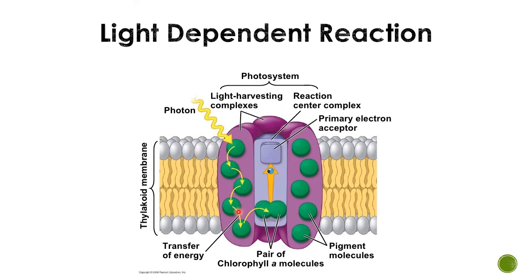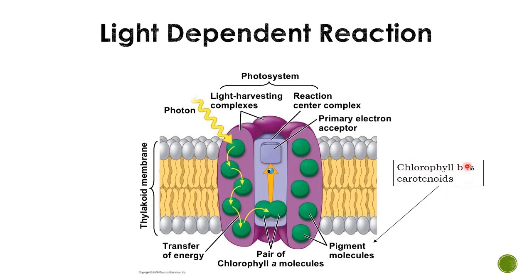and it involves photosystems. A photosystem is a protein complex that consists of two parts, the light harvesting complex and the reaction center. The purple one is the light harvesting complex and the blue one is the reaction center complex. A light harvesting complex consists of pigment molecules such as chlorophyll B and carotenoid.